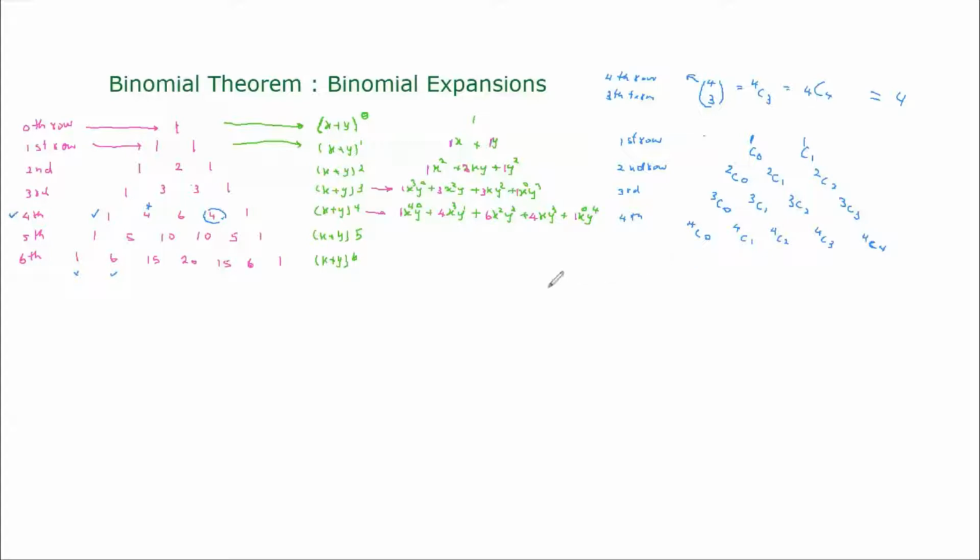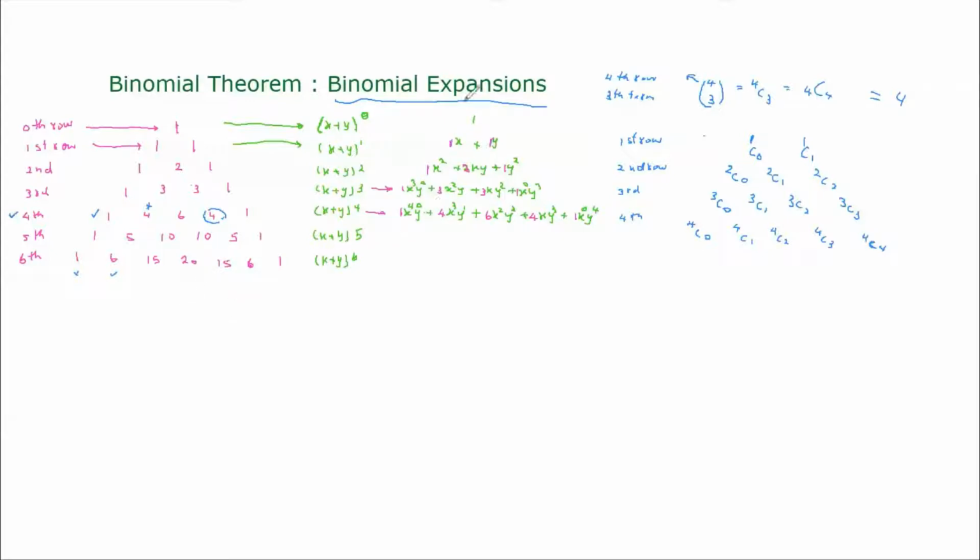Now we go on to the next one. We're gonna learn binomial expansion. From the Pascal triangle here, we can get the binomial theorem formula, which is right down here.